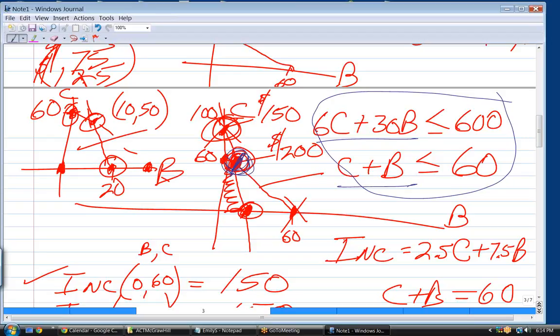And like I said, you really just have to measure all vertexes. Even the first one, we should have figured out the cost there, the cost there, the cost there, and the fourth vertex is 0, 0. It's just that when you're maximizing, that's never going to be your maximum. But when you're minimizing, you want to do all vertexes.